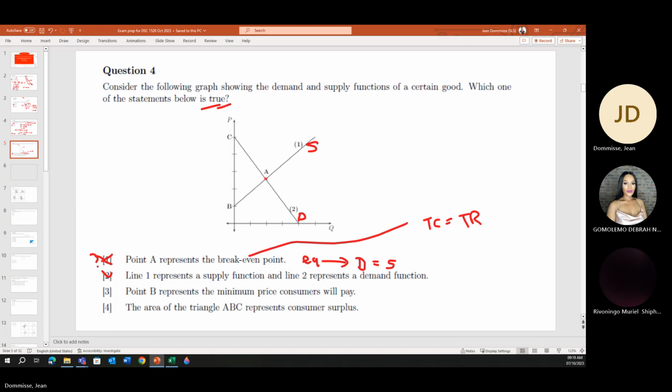It's very easy to say, oh yes, that is where the two are equal, but actually the break-even point is when you look at total revenue and total cost.